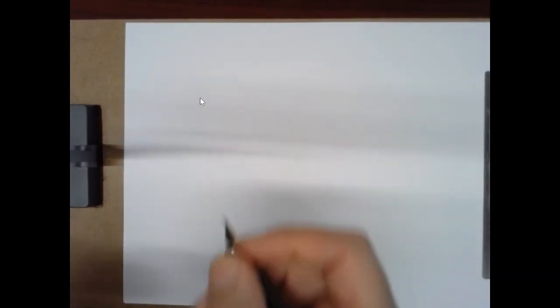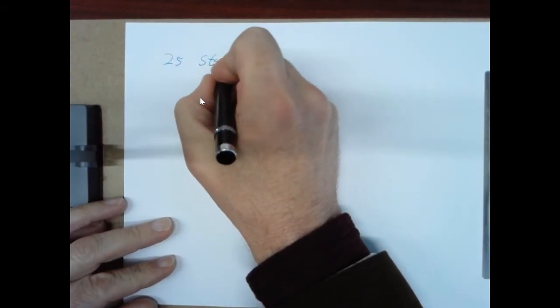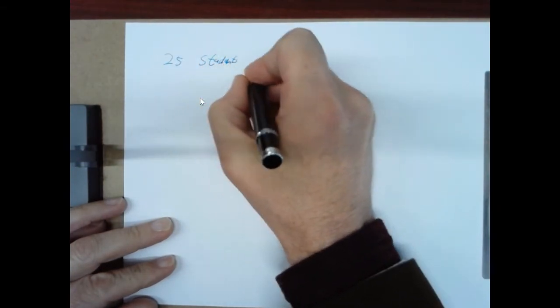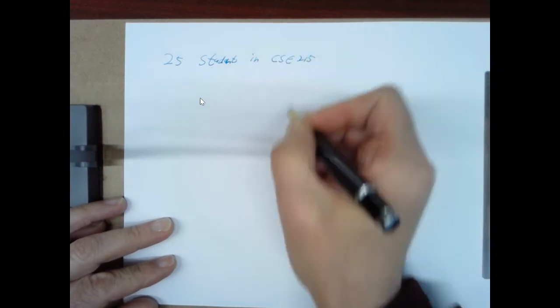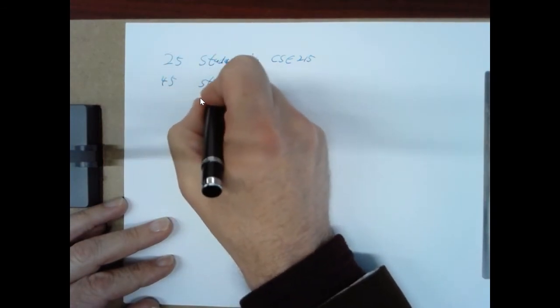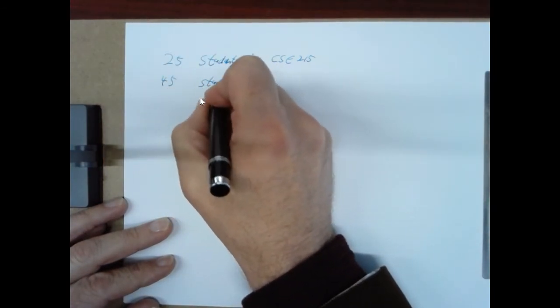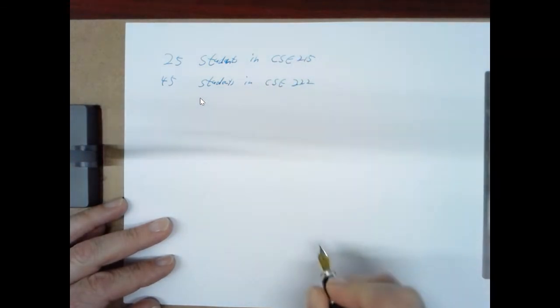So let's see. So 25 students in CSE 215, 45 students in CSE 222.